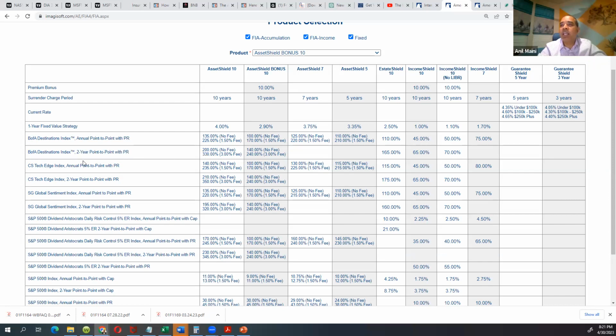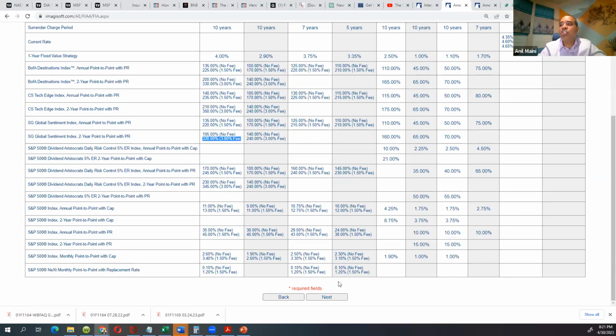Think about it. Even if this index goes up 5%, the client will make almost 16%, 17% return with a 330% participation rate. Credit Suisse index, 350% participation rate. And SG Global Index, 320% participation rate. So these 3 indexes I usually choose. So let's choose that. Let's run our illustration.